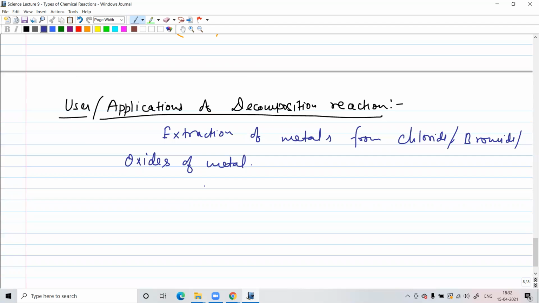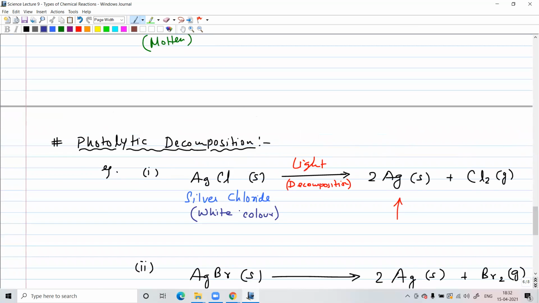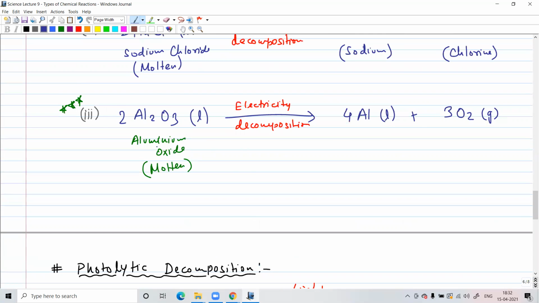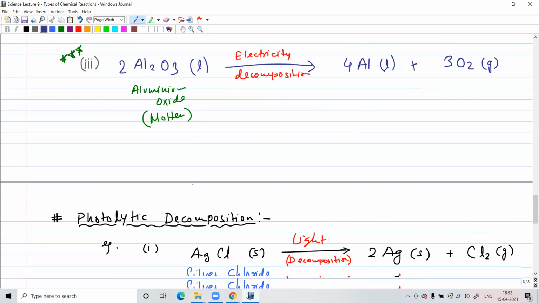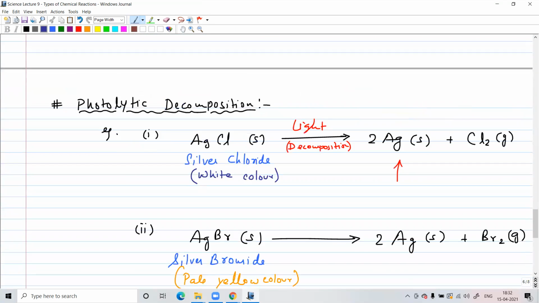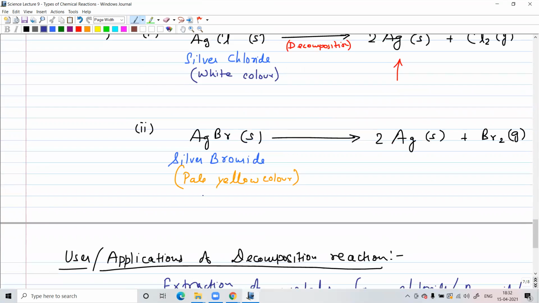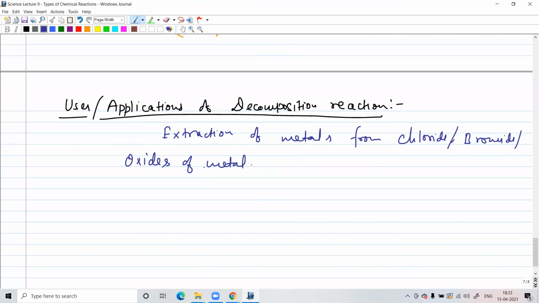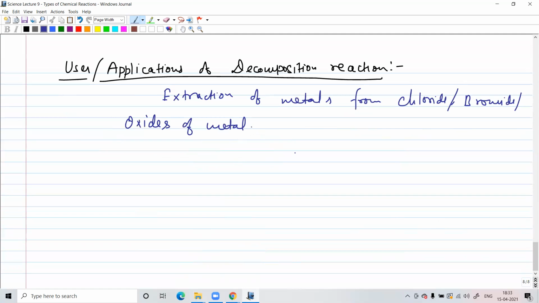Metal chloride like silver chloride, metal bromide like silver bromide. Oxide also, just now we saw aluminium oxide, right? So this is an oxide of aluminium, chloride of aluminium, silver, bromide of silver. So from there we can extract the metals. This could be one of the applications and uses of this.